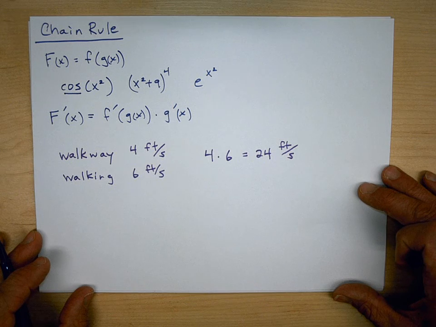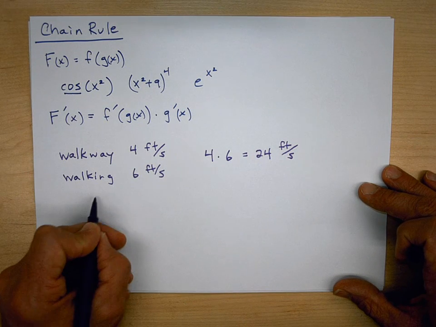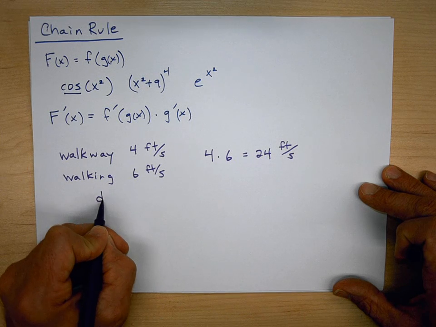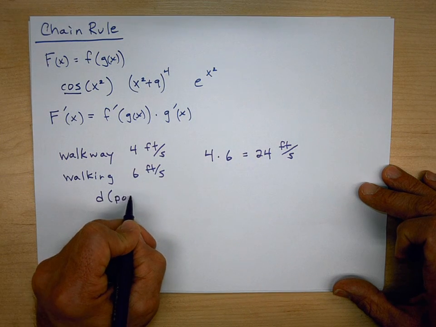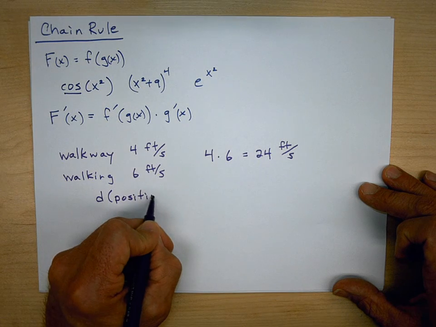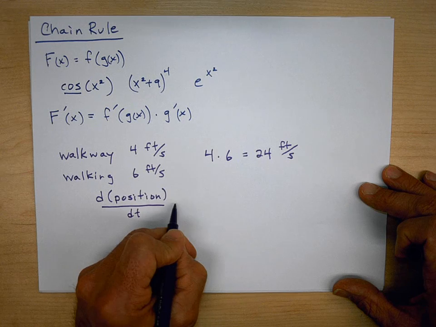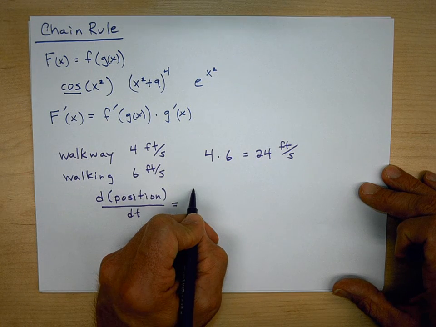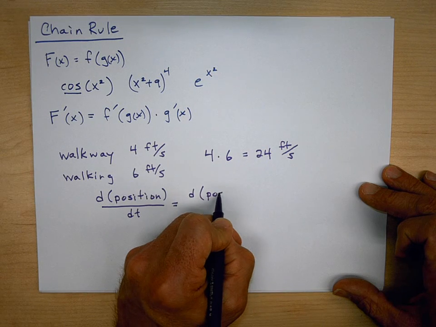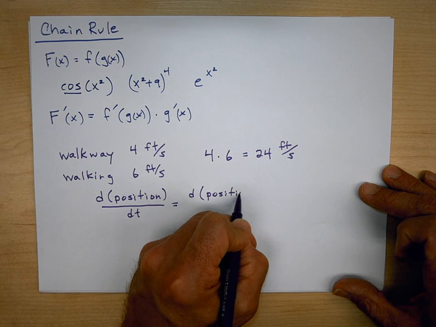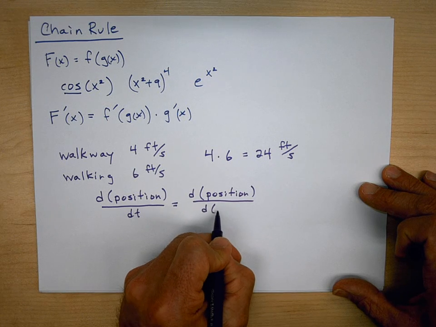So if we think about this in terms of the chain rule, we can think about the derivative, or the rate of change of your position with respect to time, right? And then you can think about that as the rate of change of your position with respect to the walkway.